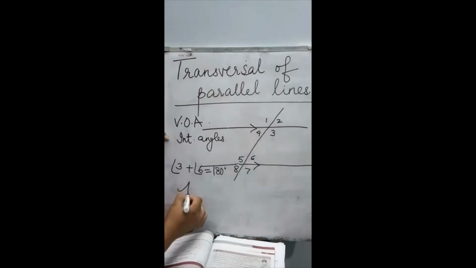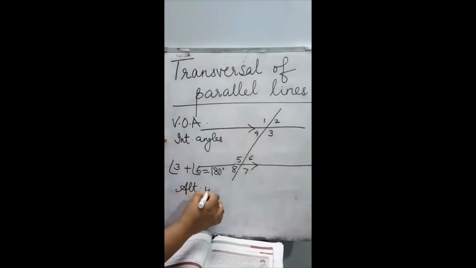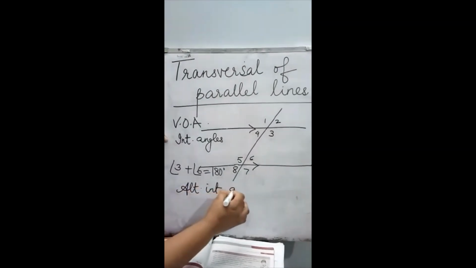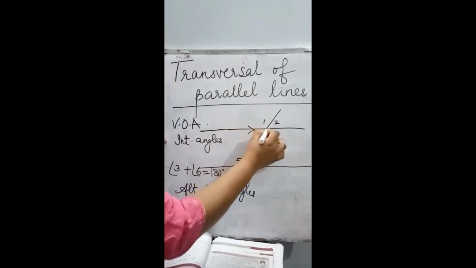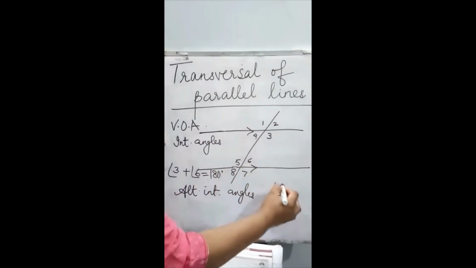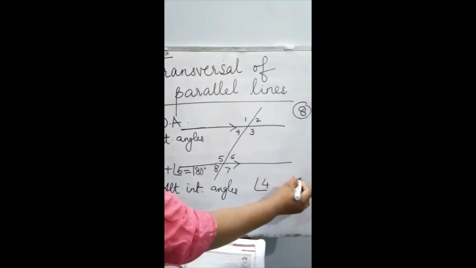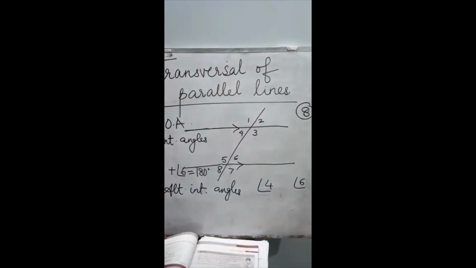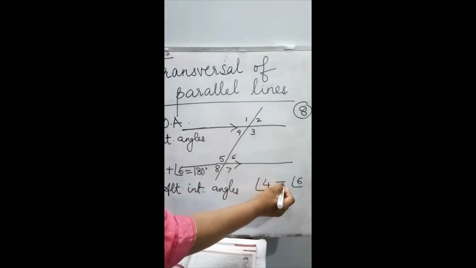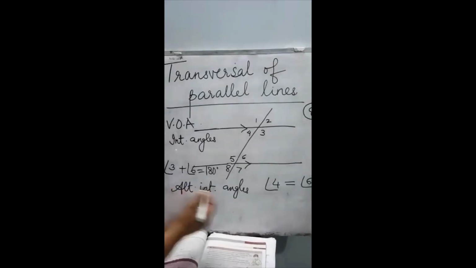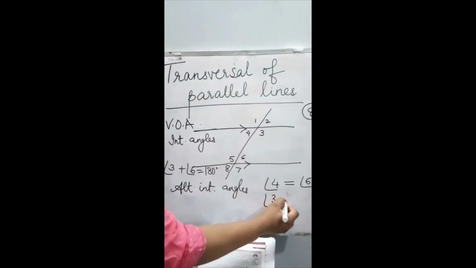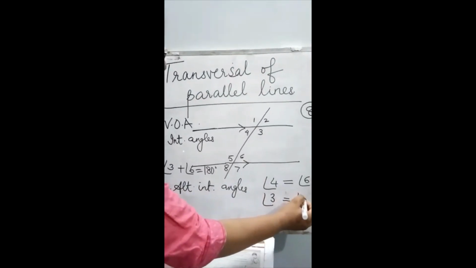Now talking about alternate interior angles, that is, those forming a Z shape. So this is forming a Z shape. Angle 4 and angle 6 are alternate interior angles and they are always equal when the lines are parallel and cut by a transversal. So angle 3 is also equal to angle 5.